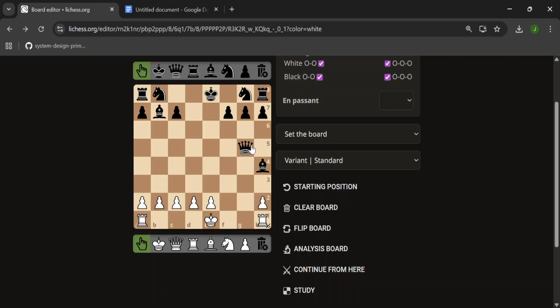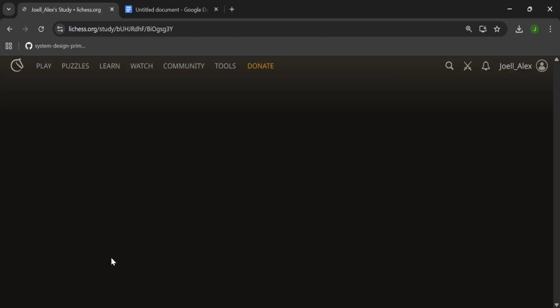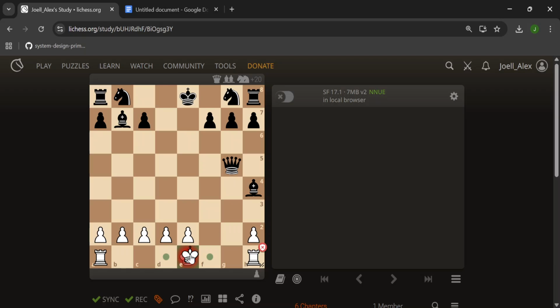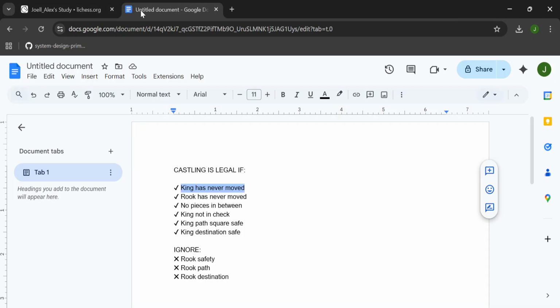If you notice, when we play the actual game, we cannot castle. We don't get that option. Why don't we get that option? Because we're currently under check. Because we're under check, we'll have to move, or we would have to defend it, but in this case, we can't really defend it.